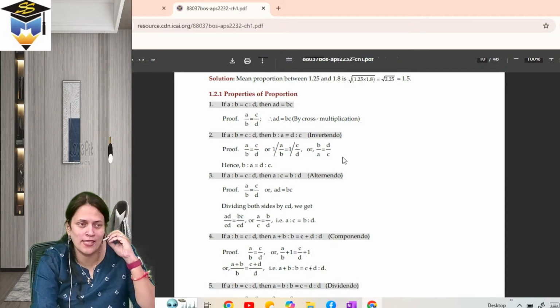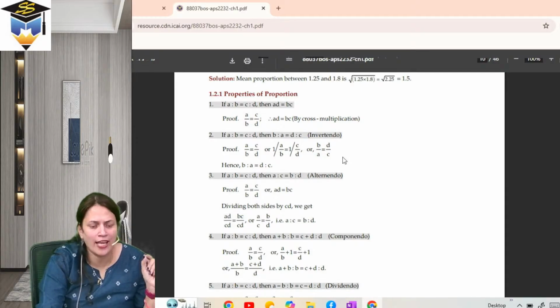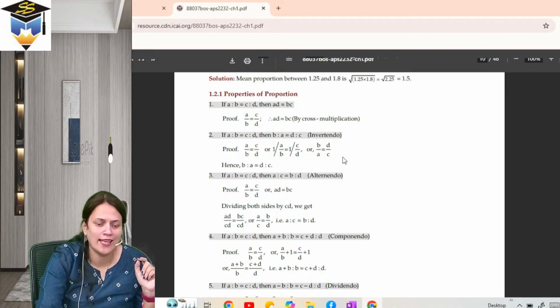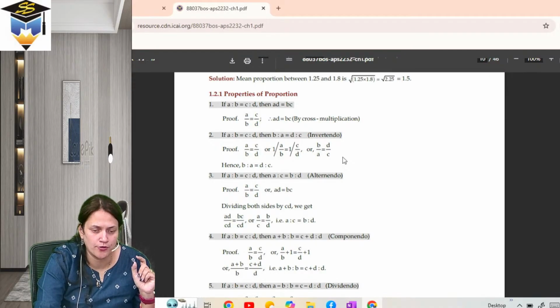Invertendo: as the name suggests, if A upon B is our ratio, what will be its invertendo? A upon B is equal to C upon D. When we apply invertendo, the denominator becomes the numerator and vice versa. This is invertendo.